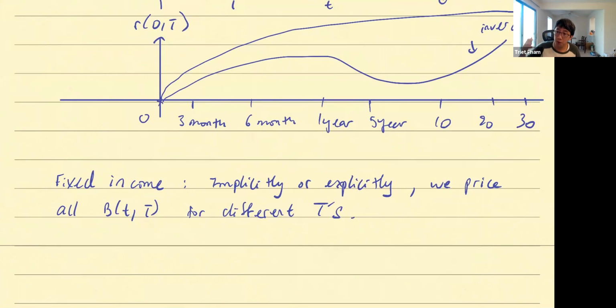With option pricing, we also have options at different times of maturity. With bonds, we also have bonds with different times of maturity. So why is it that with bonds this big T becomes such an important variable, while with options we don't quite have it?